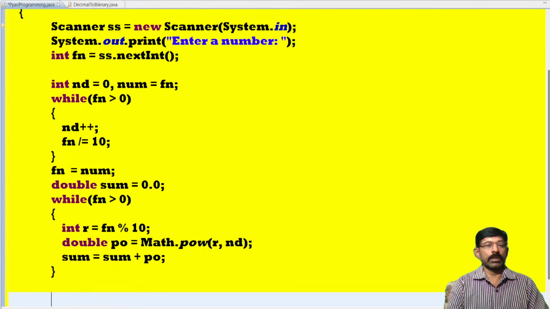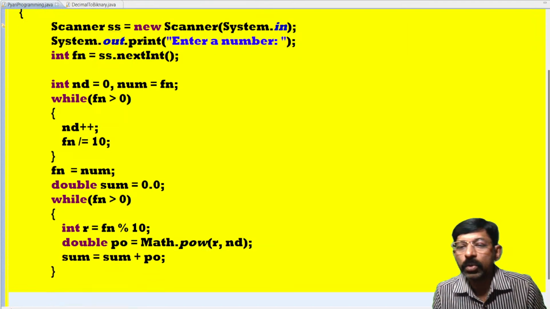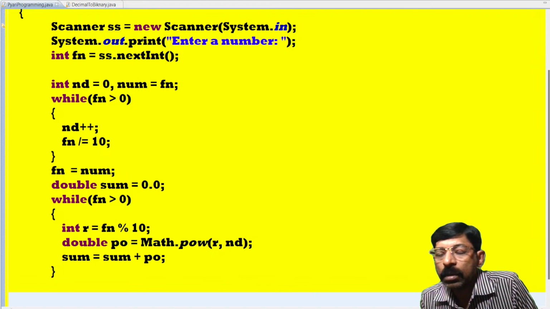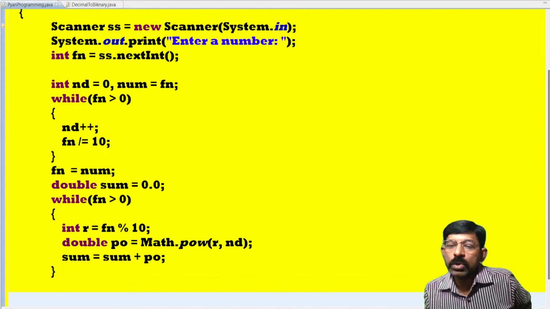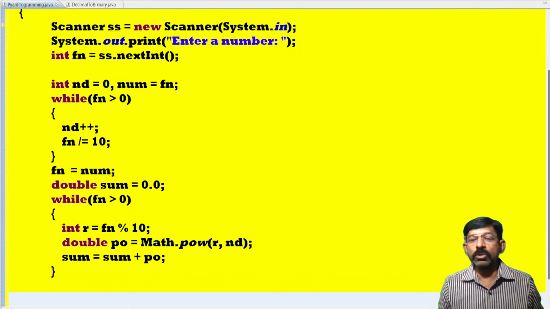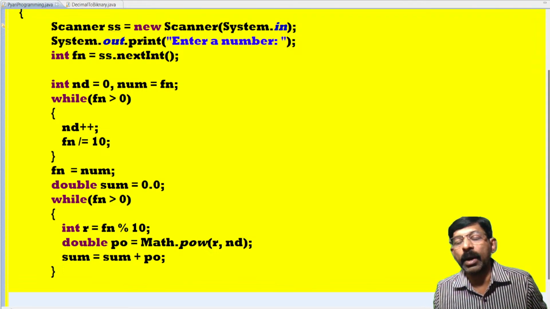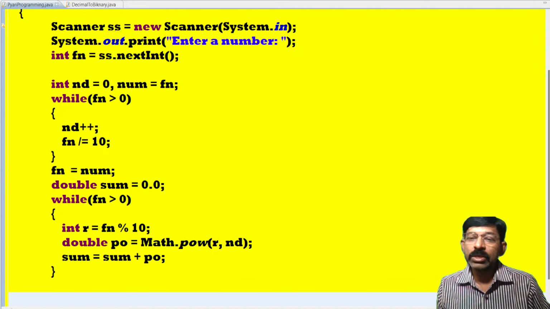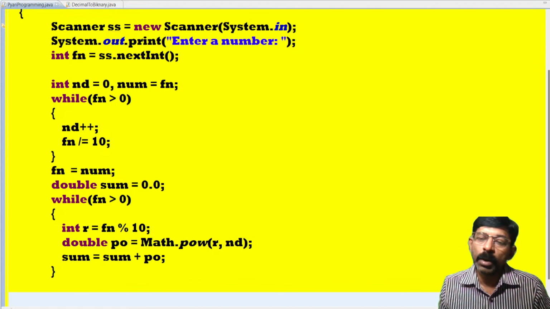Then after this part, understood? Fn is equal to 0 after calculating the digits. Good. Sir, why again Fn is equal to NUM? We have taken NUM is equal to Fn. At the end, we have to check, Subhasmita, whether the original number is equal to the sum of each digit to the power number of digits.